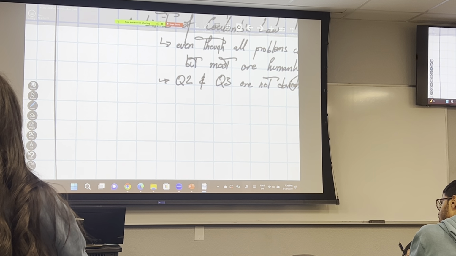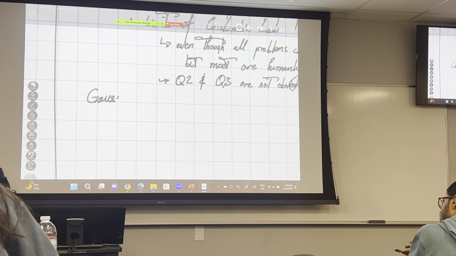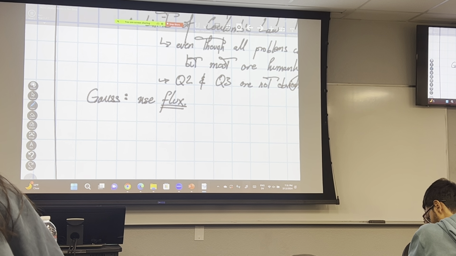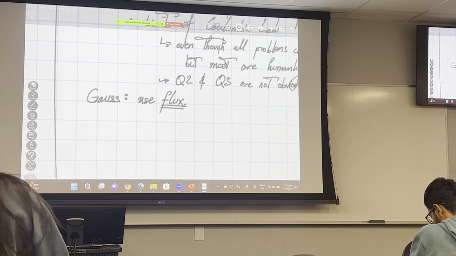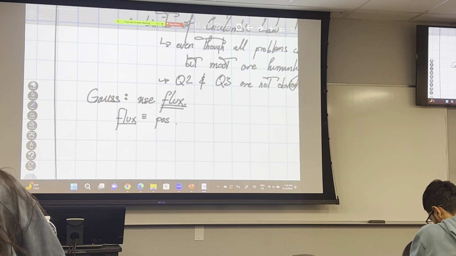Now, what was this alternate approach that Gauss used as opposed to this idea of forces? Gauss used this concept of flux. So let's define flux. Who's heard this word before? Flux.